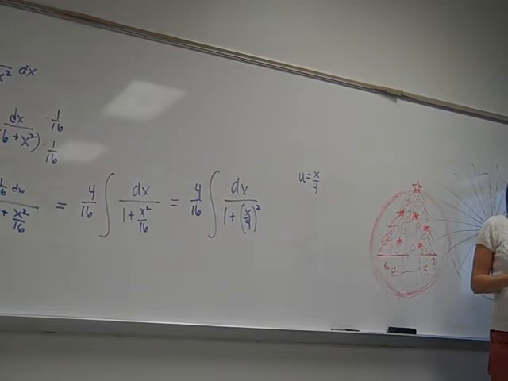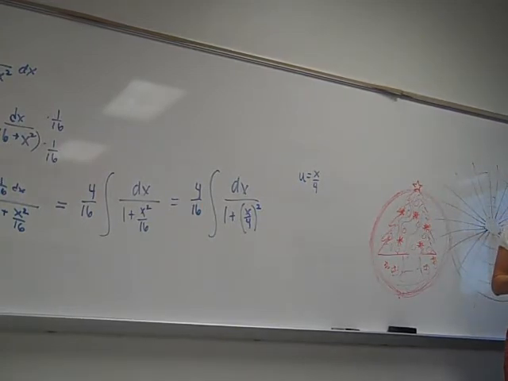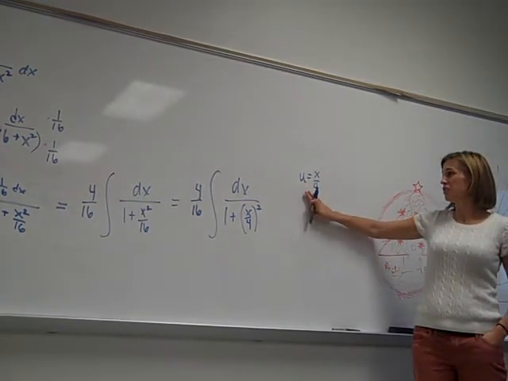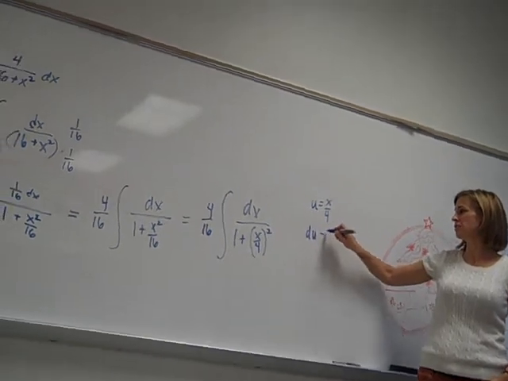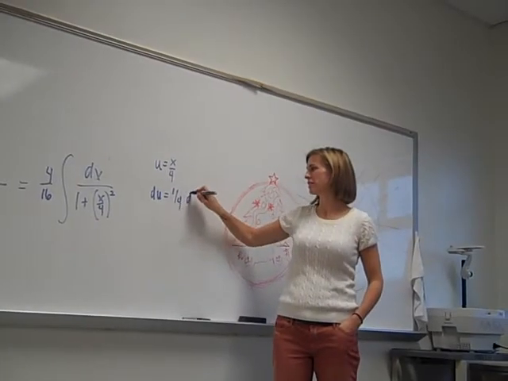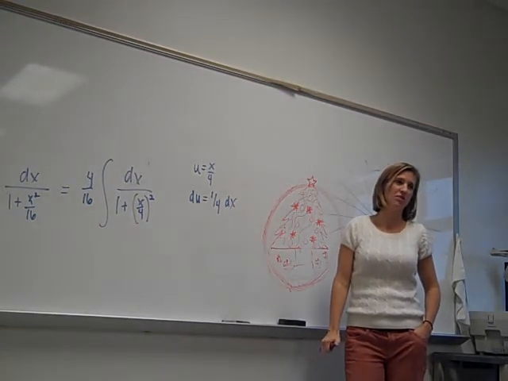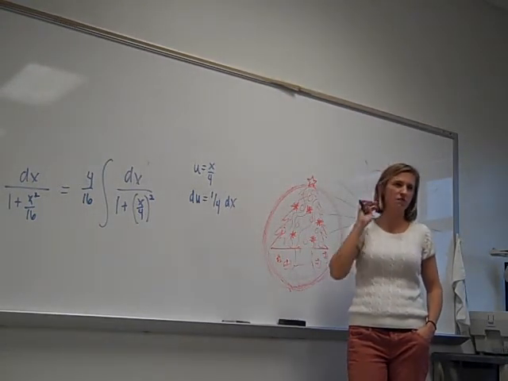It's not a lie. The problem is, if u is x over 4, I have a du of 1/4 that I'm going to need to insert. So without the u, you've missed that little 1/4 thing.